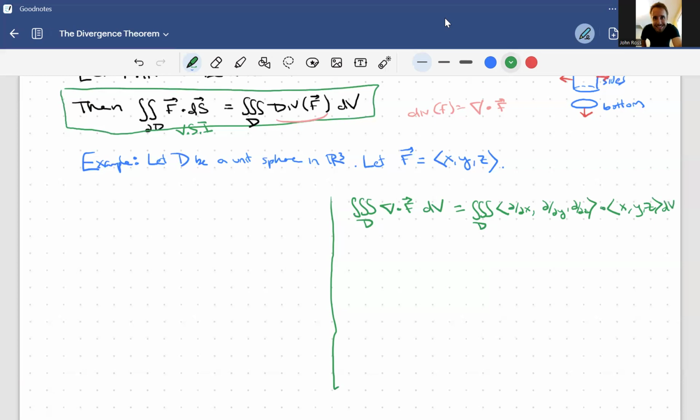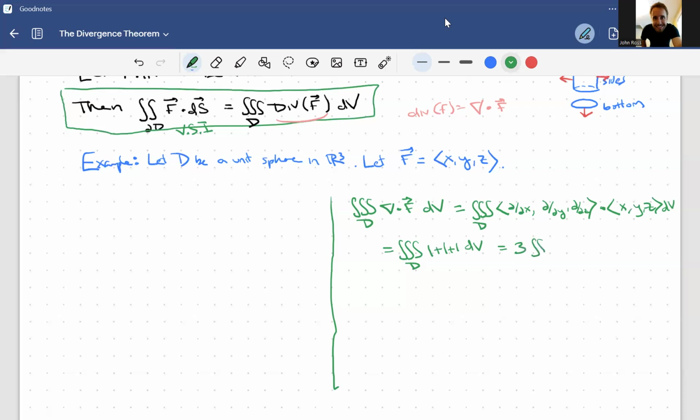Well, it's the x derivative of x plus the y derivative of y plus the z derivative of z. And so it's going to be a triple integral of just the function 1 plus 1 plus 1. So it's just a triple integral of the constant function 3.